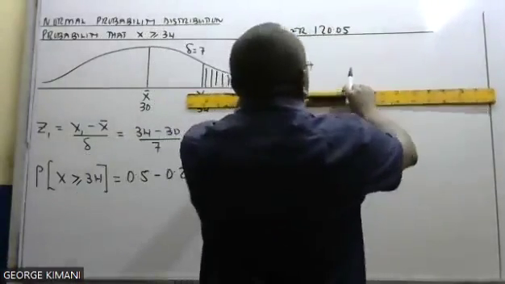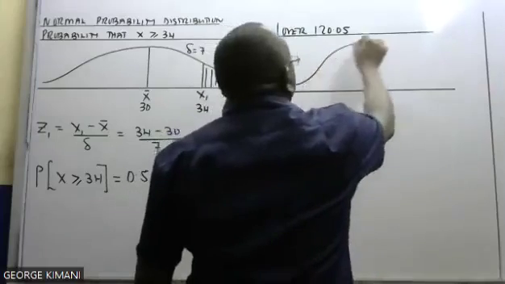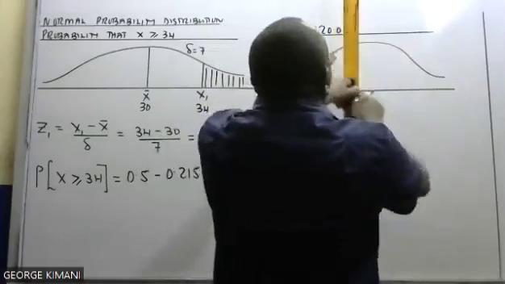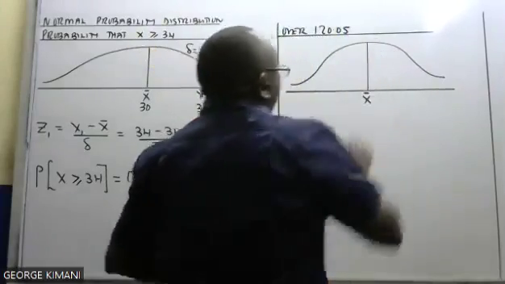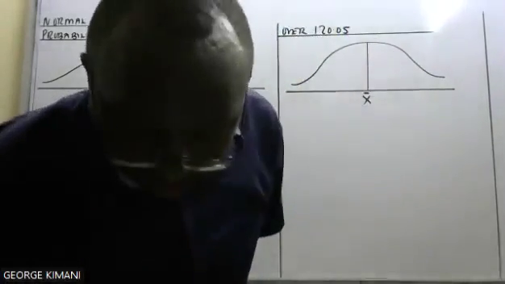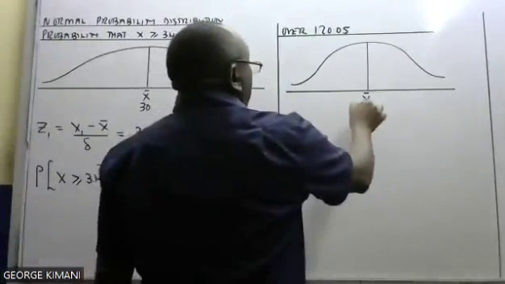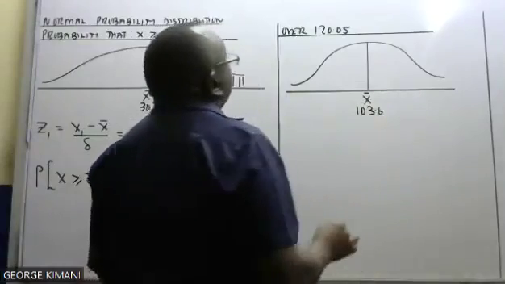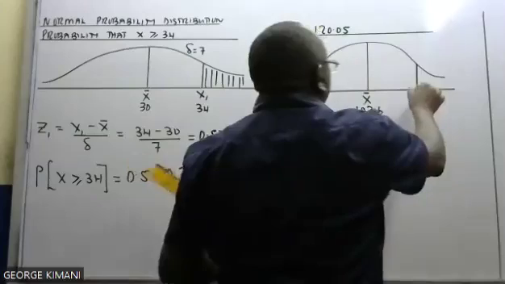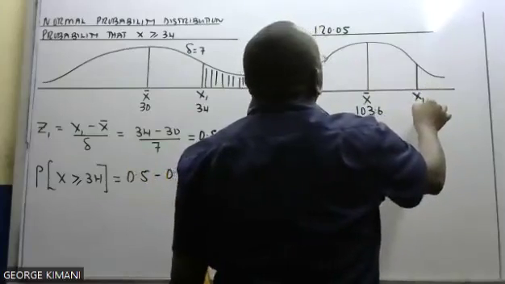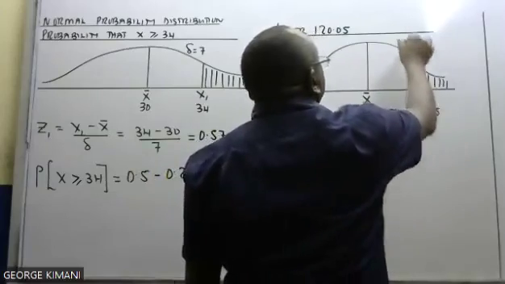Again, you draw the table whereby you tell us this is X bar. X bar is 103.6. So 120 should be somewhere here. X1 is 120.05. So we are looking for this one.